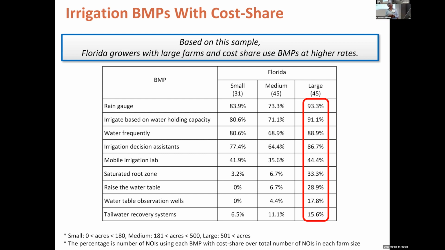It could be how we broke the groups up. We are saying that these are small farms, medium-sized farms, and we use the same breakpoints that USDA uses, and they're doing that for the whole country. So it could be as simple as that.